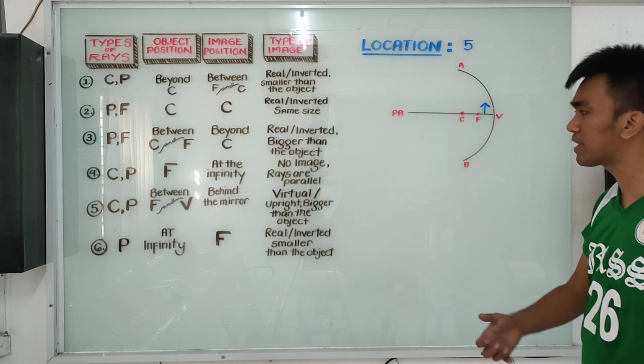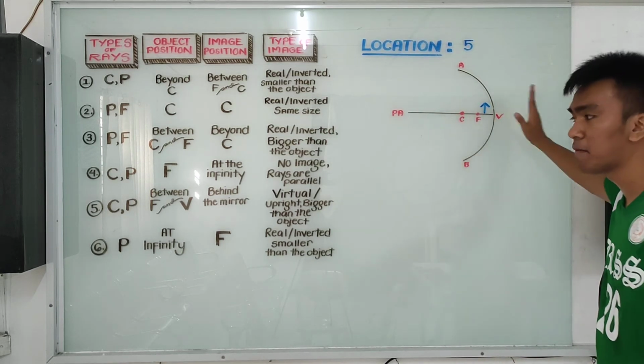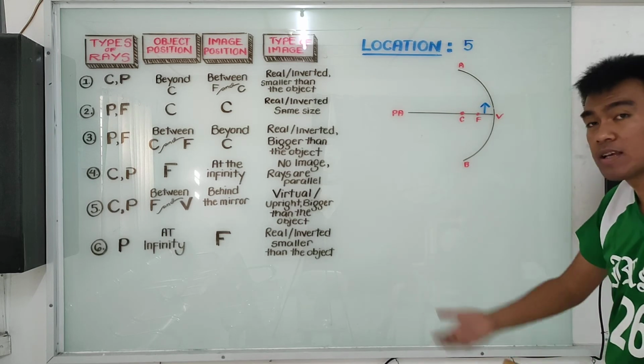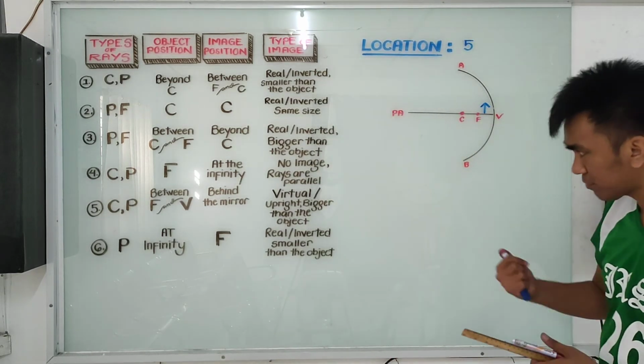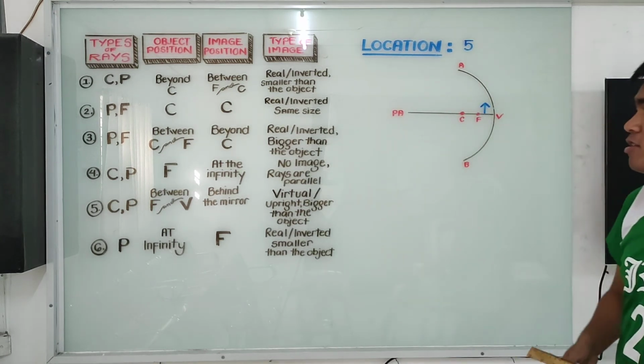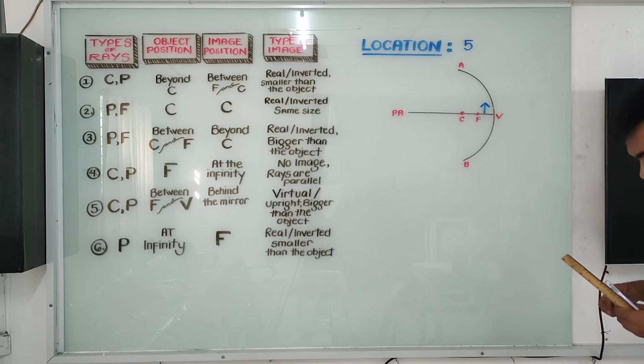So it seems that the image appears behind the mirror. Sa likod, parang nanggaling daw sa likod yung image. So this time we are going to use chief ray again, and then a principal ray.